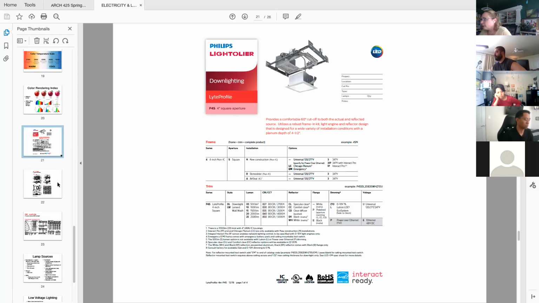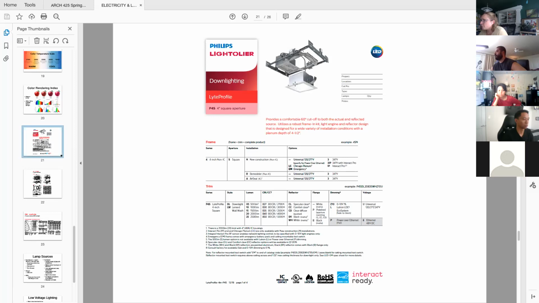Light fixture cut sheets tend to be multiple pages. This is page 1. So what it's doing is it's telling us the various options on the fixture and what's available, including, let's just go through these. So this is the series, that's the name of the fixture.